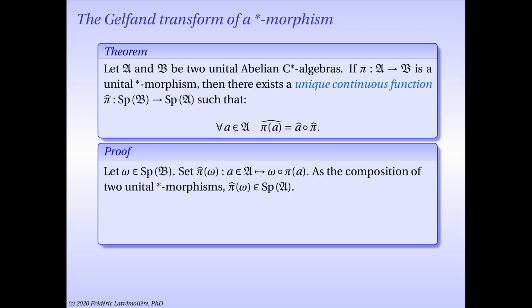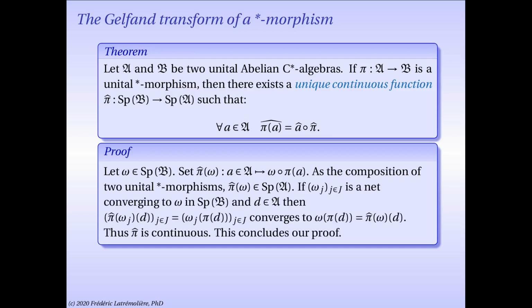So how am I going to do that? It's actually quite easy. If omega is in the spectrum of B, I define a point in the spectrum of A, that is a character of A, simply by setting pi hat of omega to be omega composed with pi. Both pi and omega are unital star morphisms, so their composition is a unital star morphism from A to the complex numbers in this case, and therefore it is a character of A.